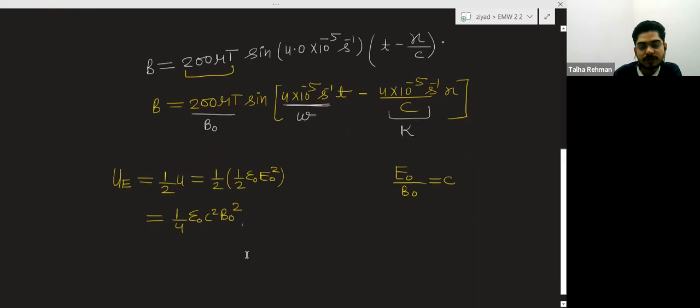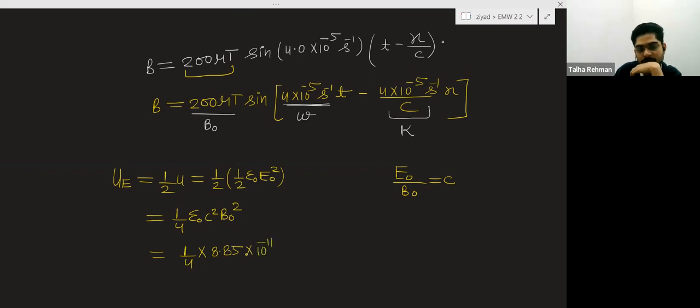Now all the values we have. 1 by 4 epsilon naught is given by 8.85 into 10 to the power minus 11. What is the value of C? C is the speed of the light or electromagnetic wave in vacuum. 3 into 10 to the power 8, and this is square of this.